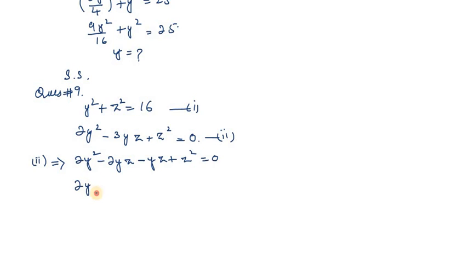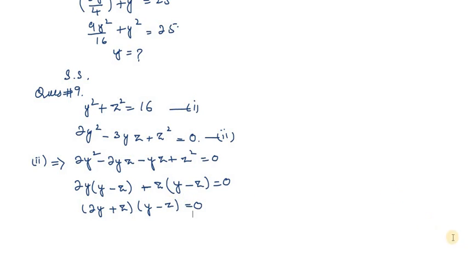Here we take 2y as common: y minus z, plus, minus z, so y minus z is equal to 0. So (2y plus z) and (y minus z) is equal to 0. So either 2y plus z is equal to 0 or y minus z is equal to 0.